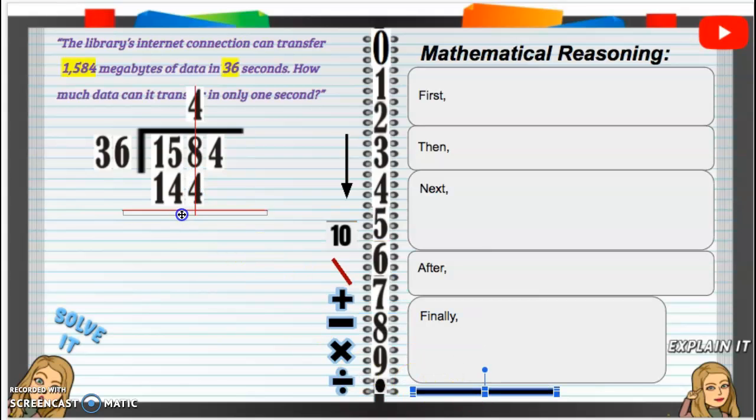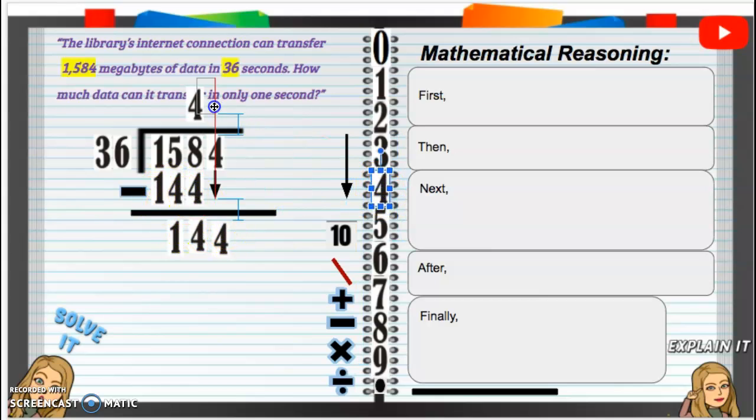And now I'm going to subtract. All right, so 8 minus 4 is going to be 4. 5 minus 4 equals 1. And 1 minus 1 is 0. Now we're going to bring down that 4 because we did not use that yet. And now we have 144. So how many times can 36 go into 144? Up here we already said it.